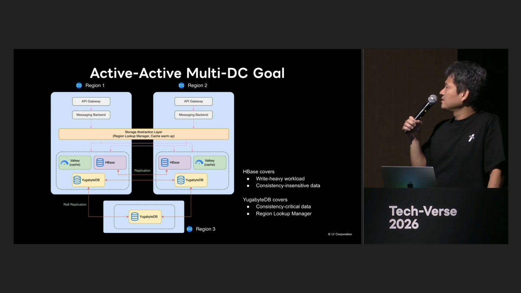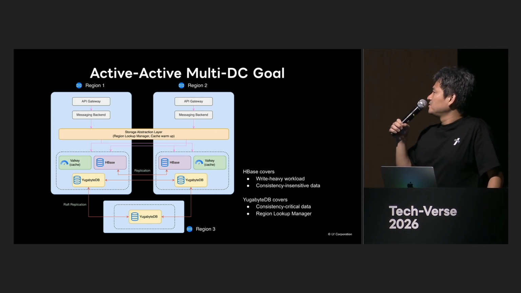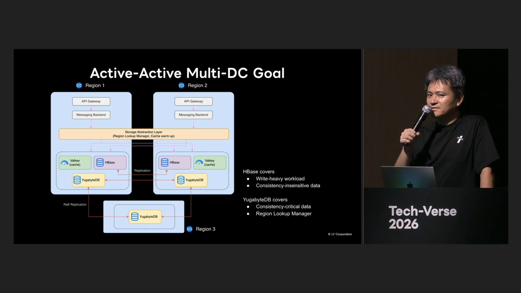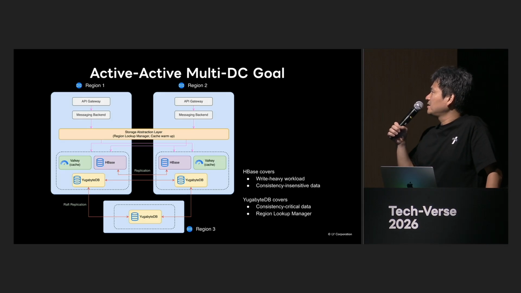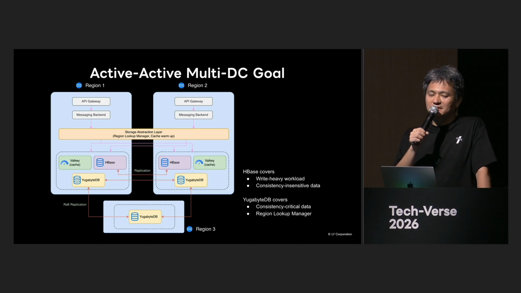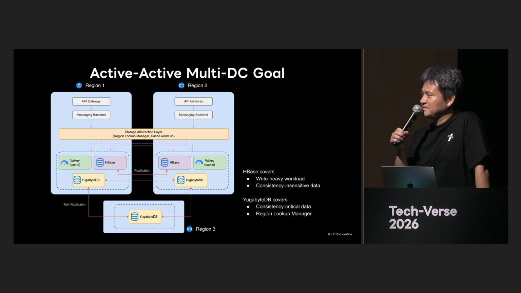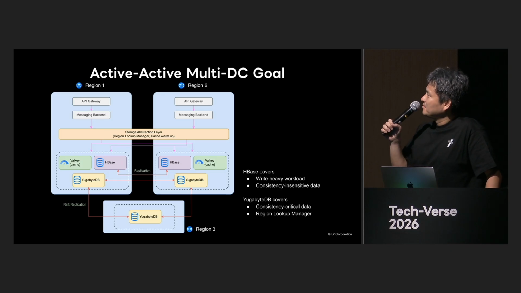So, for the stateful part, the database part, we are using YugabyteDB as the source of truth, while also employing techniques such as the partitioned active-active approach that I discussed in the first half of my presentation. It also uses HBase to handle write-heavy workloads. It is assumed, of course, that where caching is needed, we will use a cache.